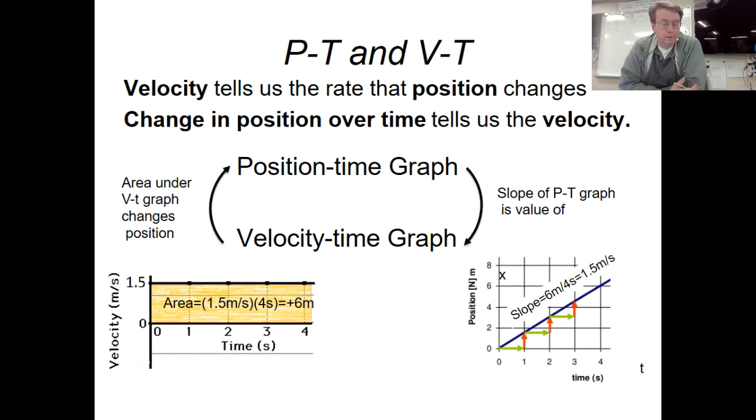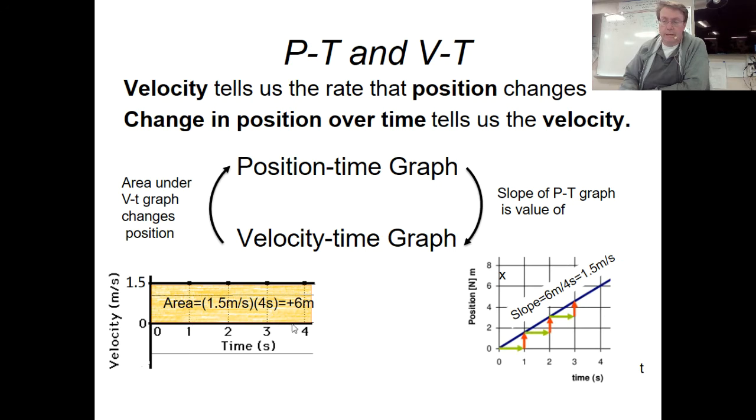So with position time and velocity time graphs, velocity tells you the rate change in position. So it's delta x over delta t. The change in position over time is velocity. So if you're given a velocity time graph or a position time graph, you can go to the other one.